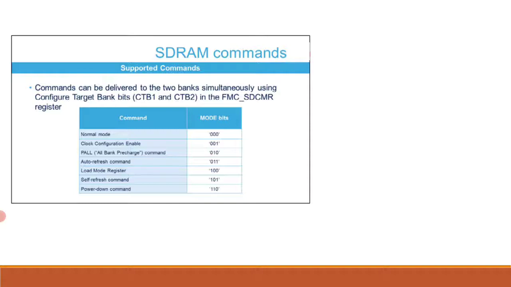So here you can see command and mode bits. Normal is 000, clock configuration enabled is 001, PLL, that means all bank pre-charge command, is 010, auto refresh command is 011, load mode register LMR is 100, self refresh command is 101, and power down command is 110.